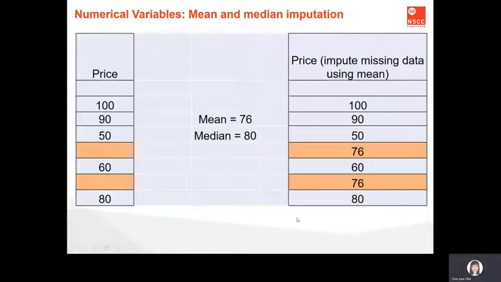However, for variables that are skewed, either positively or negatively skewed, you may use the median to impute missing values. This is because the missing values tend to be influenced by the values at the far end of the distribution, and therefore the median becomes a better indication of the majority of the values.